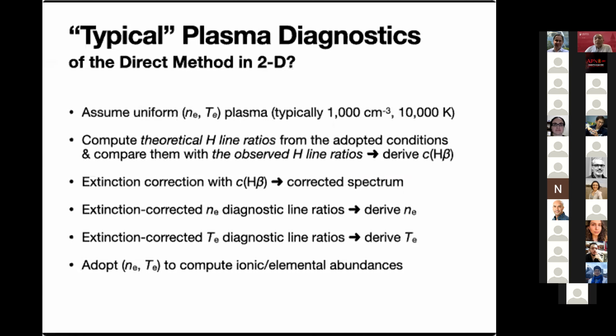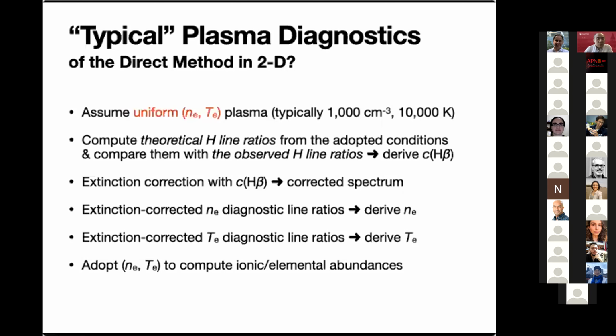I looked around in the literature, and people still start with this 1D scheme. You pick a number for electron density and electron temperature, and then you assume uniform density and temperature across the entire IFU field or entire field of view.